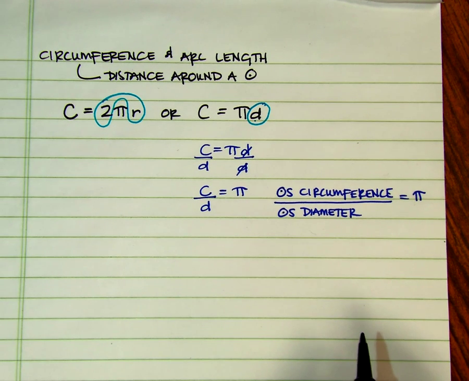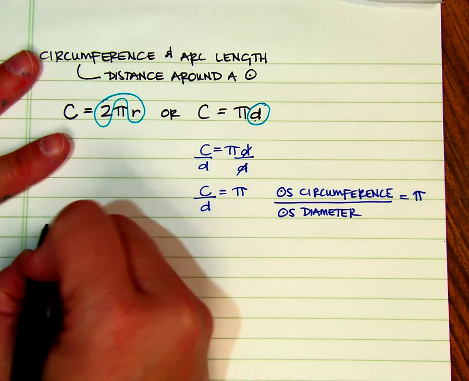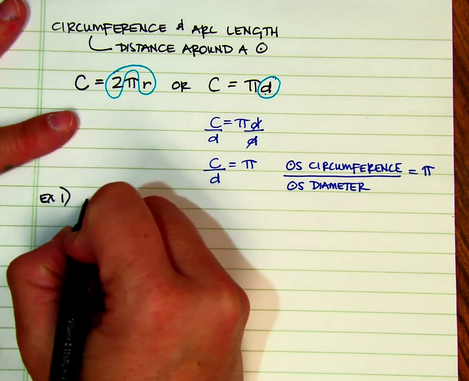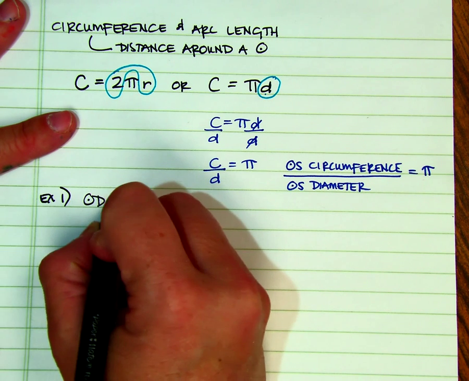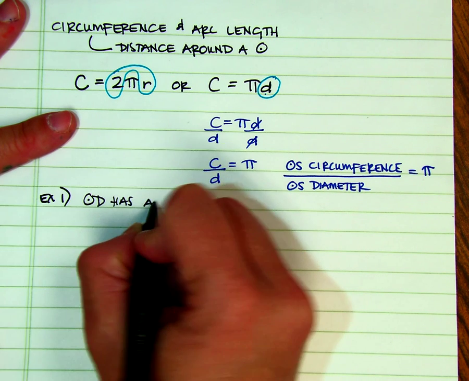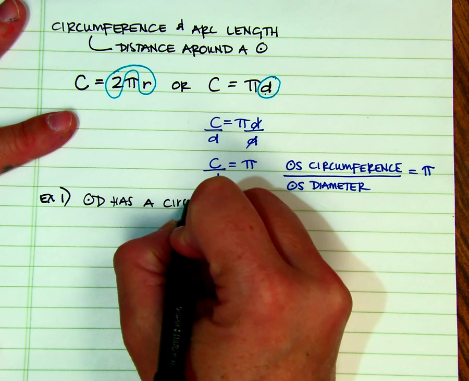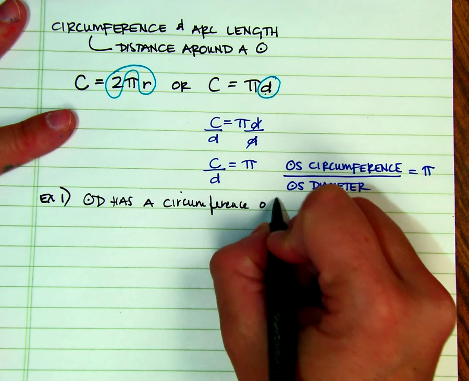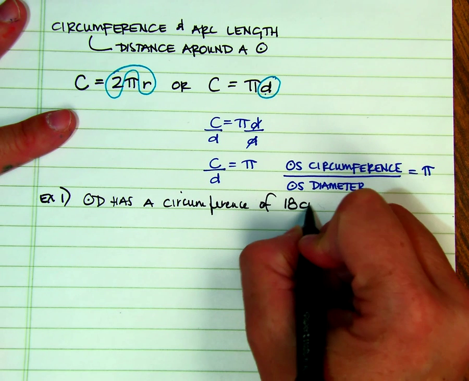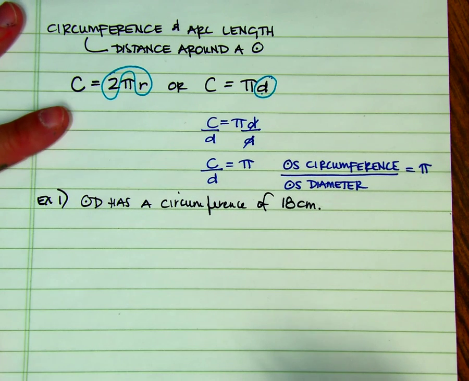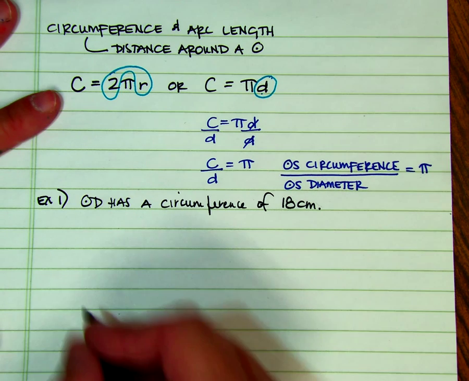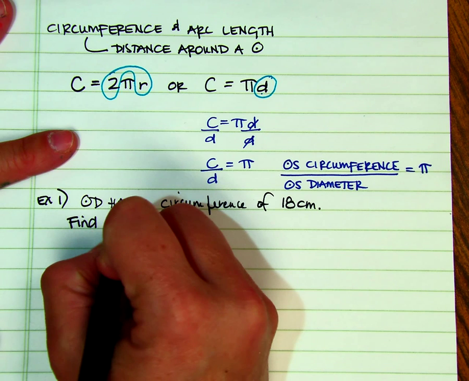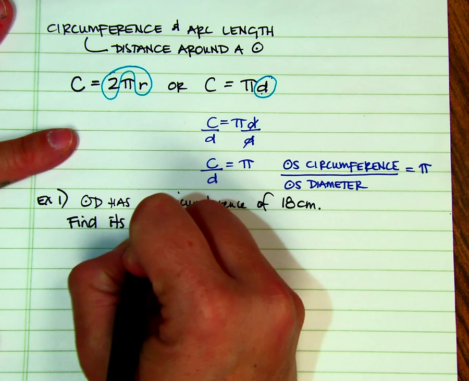If I give a circle's circumference, let's do example 1. Circle D has a circumference of 18 centimeters. Find its radius.